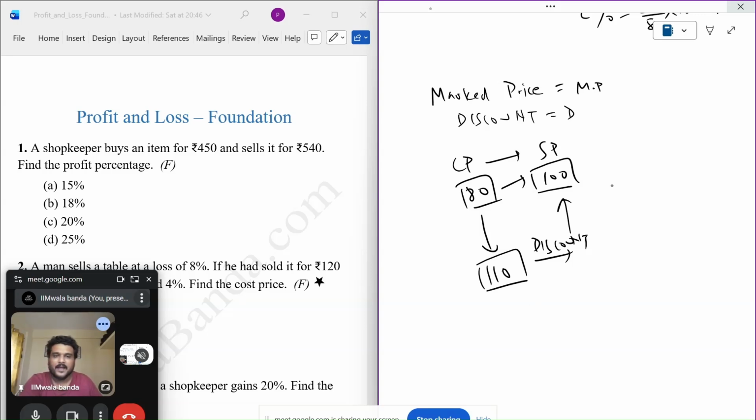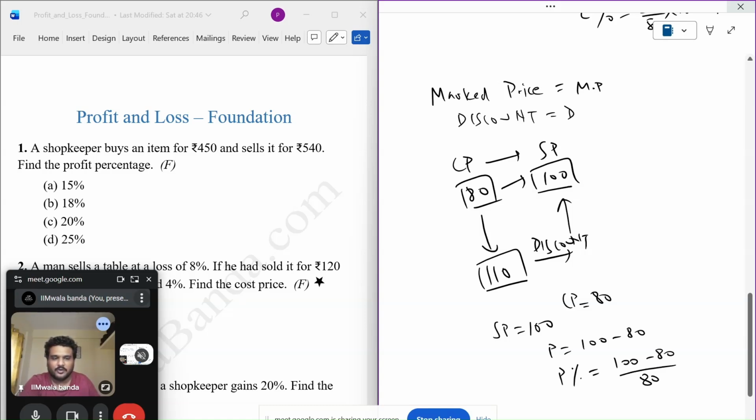Let's see. Again, now for me, cost price will always be 80 when I'm calculating profit. But in this case, if you look at the profit that I'm making, 100 is the selling price and 80 is the cost price. So again, the profit that I'm making is 100 minus 80 and profit percentage will always be calculated with respect to cost price.